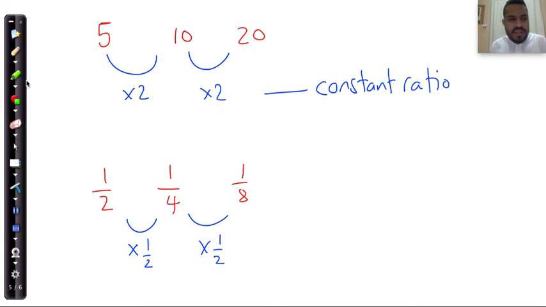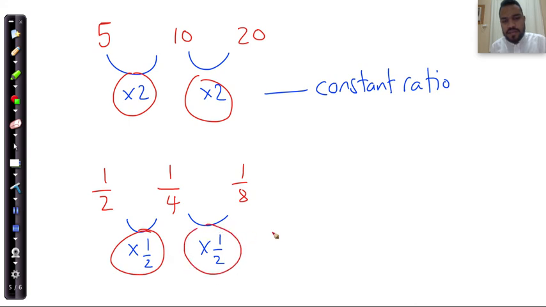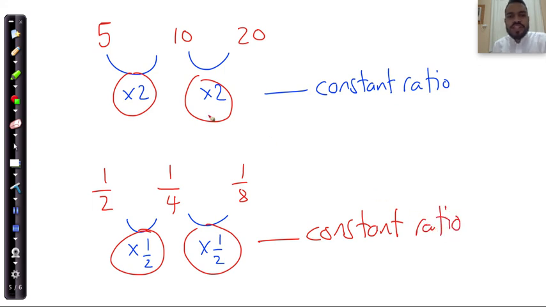These are your constant ratios because you're multiplying by 2 and you're multiplying by 2, and similarly over here you're multiplying by a half and here you're multiplying by a half, and again that gives me the constant ratio. And so when you see you multiply by the same thing each time, that gives you what we call a geometric sequence.